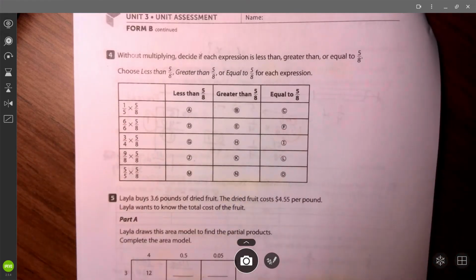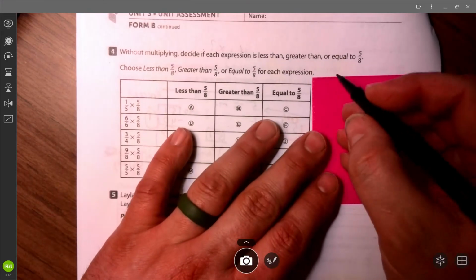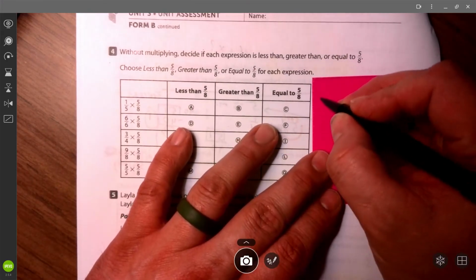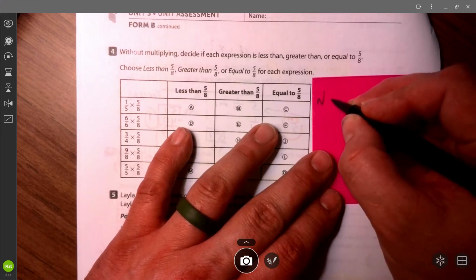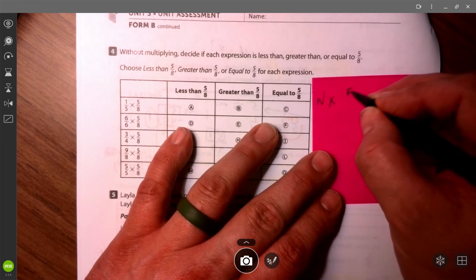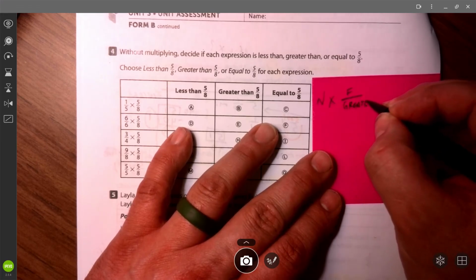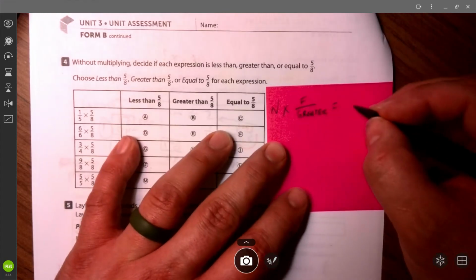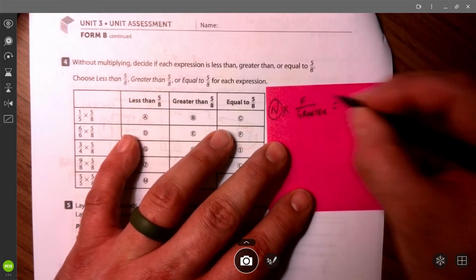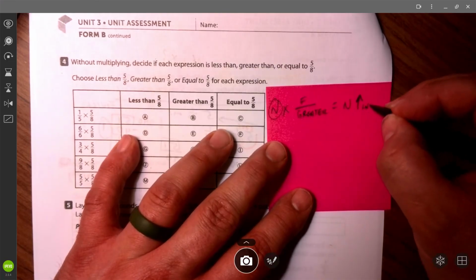So remember, what did we say was our truth about scaling? Our big truth was whatever your number is times a fraction greater than 1, right? It's going to make that number increase.